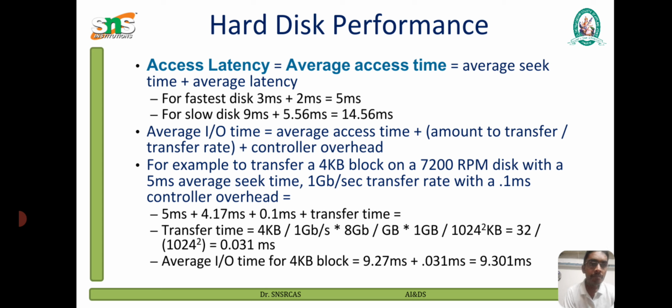For example, consider the transfer rate of a 4 KB block on a 7200 revolutions per minute disk with a 5 millisecond average seek time, 1 GB per second transfer rate and 0.1 millisecond controller overhead, calculated as you see.